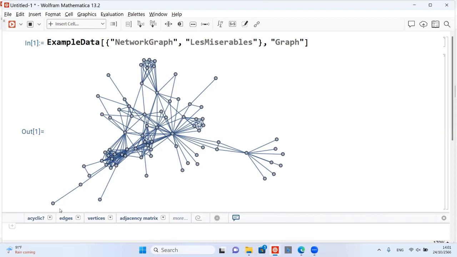Now, right away, you will notice that each character has a name, but here it's not shown. So the data should be like a list of casts.